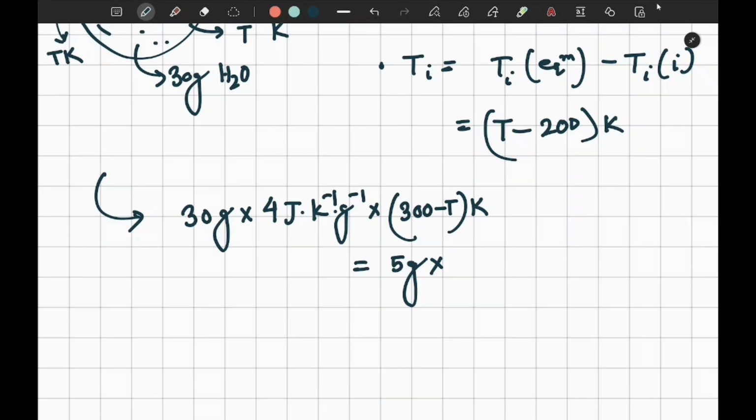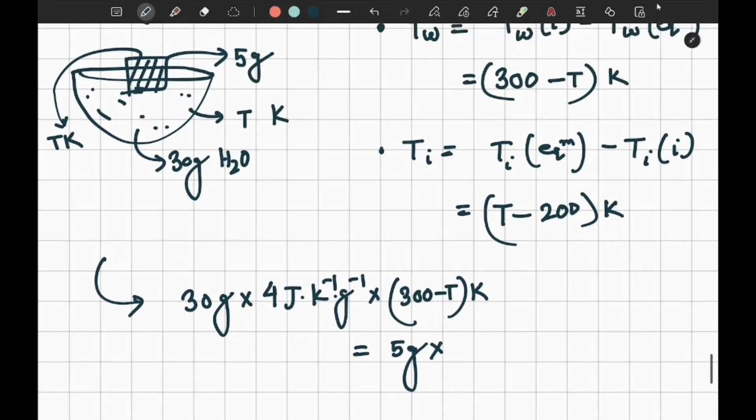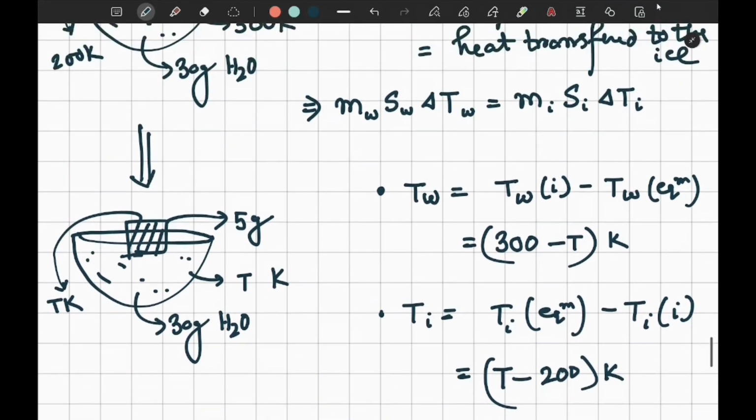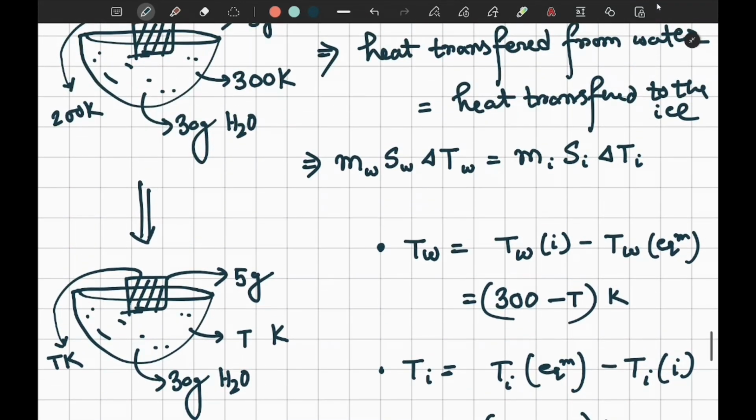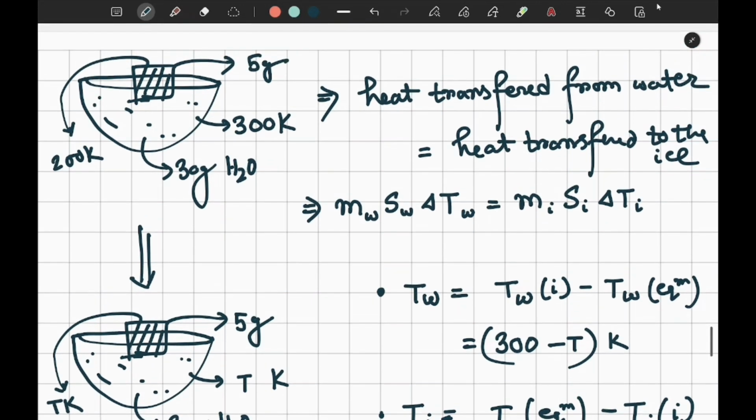Now, here one catch is there that you have to also keep in mind. This formula is okay if there is no phase change. This is a very interesting part here. This is an excellent formula, but you have to keep in mind that for this case, ice should be in the form of ice and water should be in the form of water.